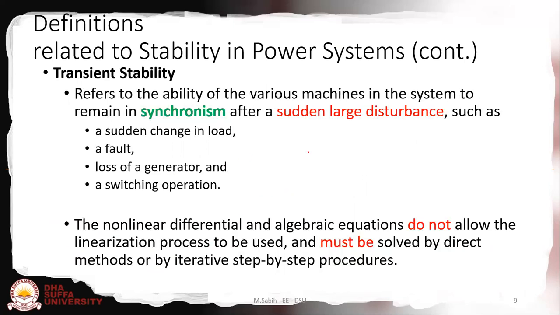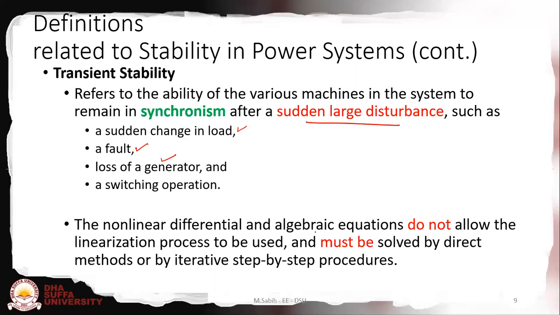Transient stability is against large disturbances, if the power system faces some sudden large disturbances. For example, a large change in the load, not gradual, a large or sudden change in the load, or enough for a loss of generator, or switching operation. These types of systems require a specific type of analysis.